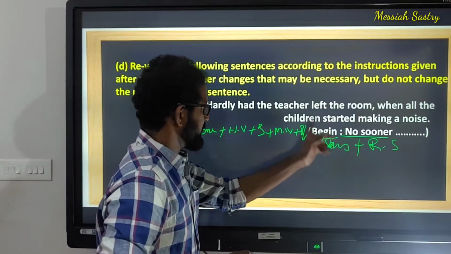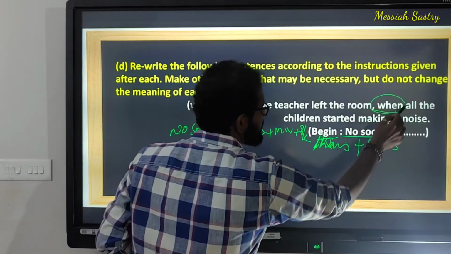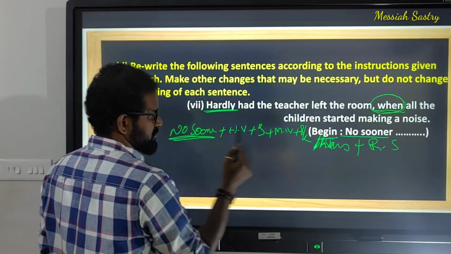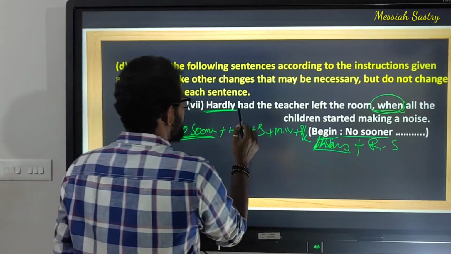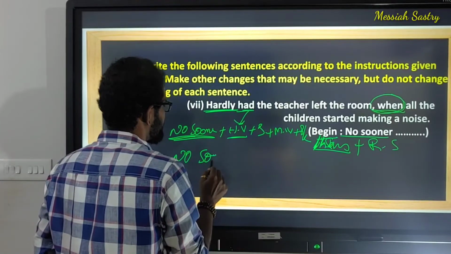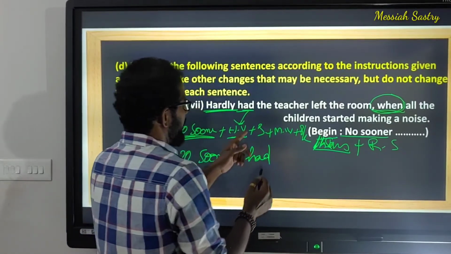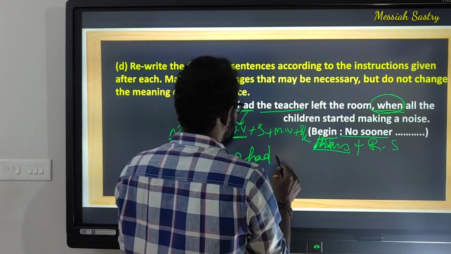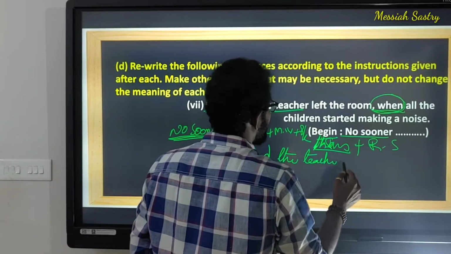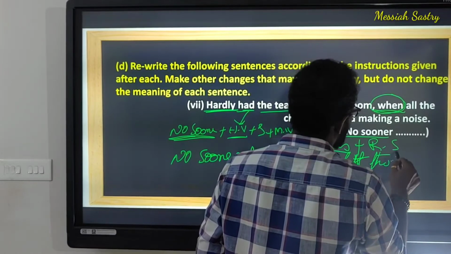No sooner and hardly, the rule is the same. The only difference is when it comes to hardly, we use "when"; when it comes to no sooner, we use "than". And the helping verb is the same as usual. So we use no sooner. The helping verb given is had, so use had again. Then the subject, the teacher. No sooner had the teacher left the room.